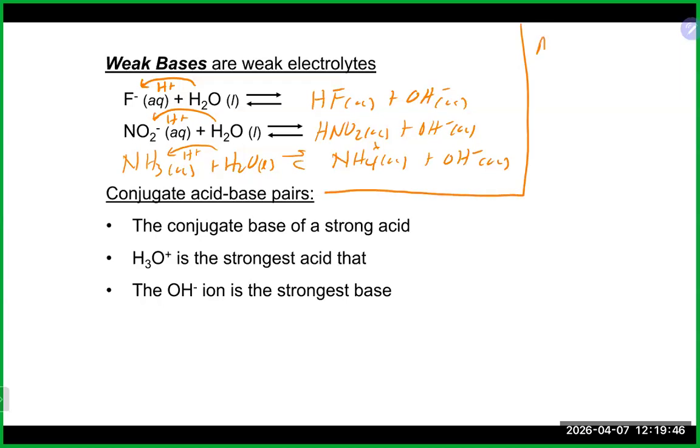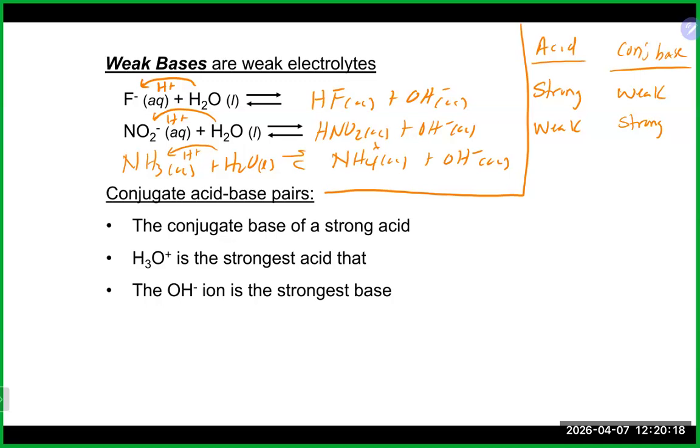If you have the acid on one side, and then that would be as partner the conjugate base on the other side. If your acid is a strong acid, its conjugate base partner will be considered relatively weak. And if your acid is a weak acid, it will create a conjugate base that's considered relatively strong. So it's sort of an opposite relationship between those things.